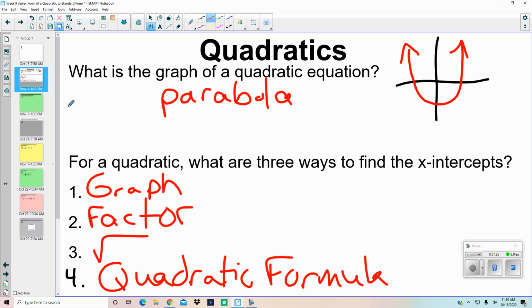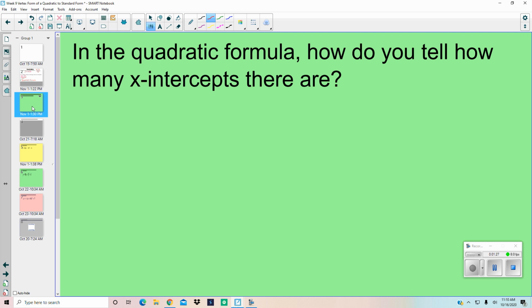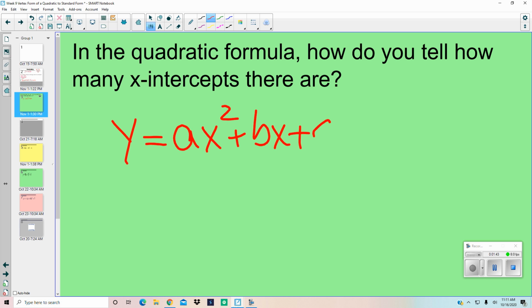Now there are different versions of a quadratic equation. In the quadratic formula, there are ways to tell how many x-intercepts there are. In one version of a quadratic equation, the standard form, that's how you use the quadratic formula.